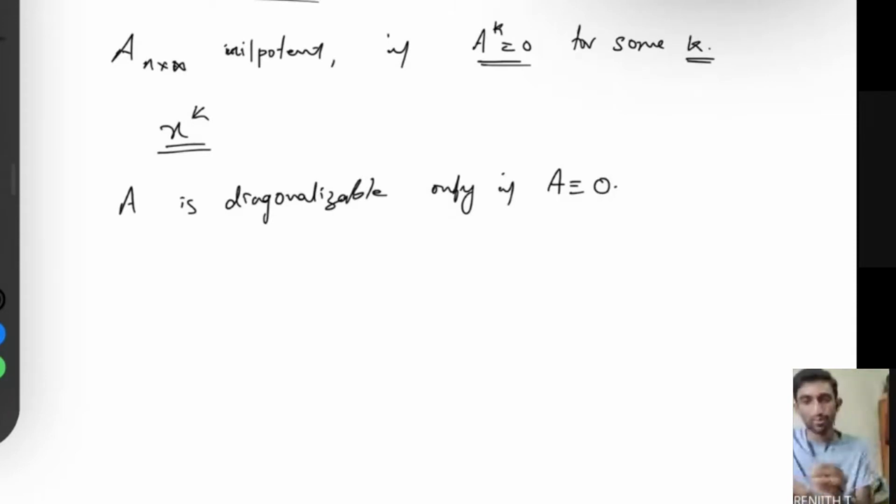We know that there are a lot of other nilpotent matrices which are not identically 0 but are still nilpotent. These are the very basic examples of matrices which are not diagonalizable. So we will start with the nilpotent matrices.